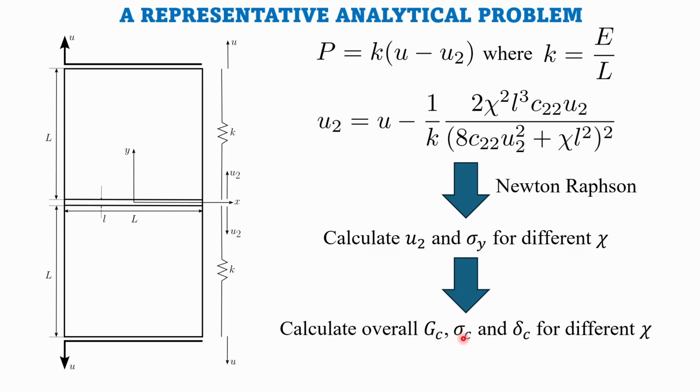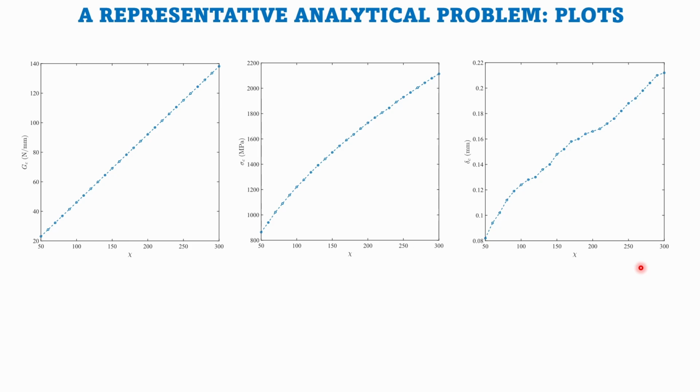Sigma c is the critical stress, or the stress at failure, and the corresponding displacement at failure for different chi. So this is how it looks. This capital GC is the overall GC. When you plot it with chi, you get a straight line. We took quite a number of chi values, and we got a straight line between GC and chi.